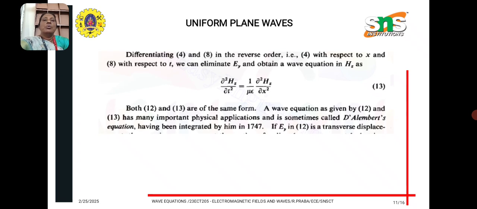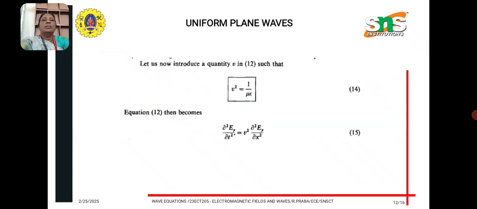So both these equation number 12 and 13 are of the same form. A wave equation given by 12 and 13 has many important physical applications, and they are also called D'Alembert's equation.